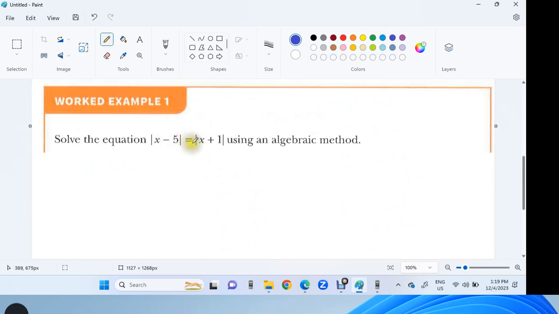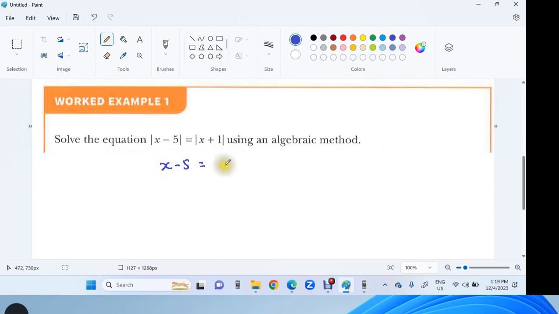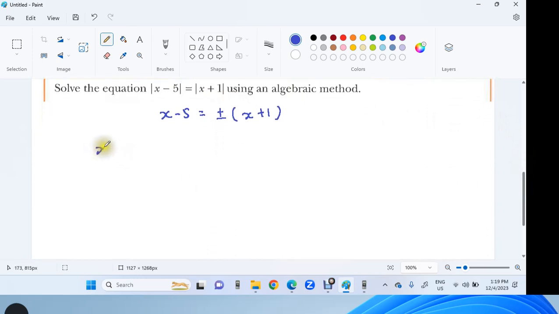For this kind of question, we can have at least three methods to solve it. The first method is very easy. Example 1: modulus of x minus 5 equal to modulus of x plus 1. We remove the modulus and put plus minus behind: x minus 5 equal to plus minus of x plus 1. So we have x minus 5 equal to x plus 1, and x minus 5 equal to the negative of x plus 1.